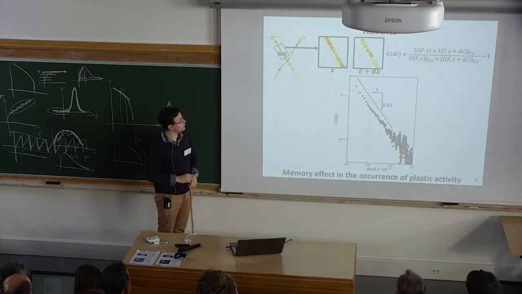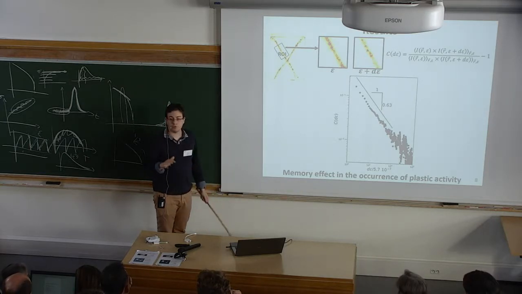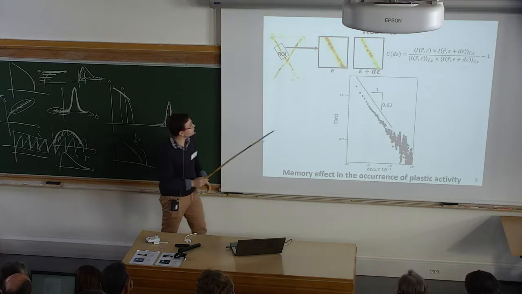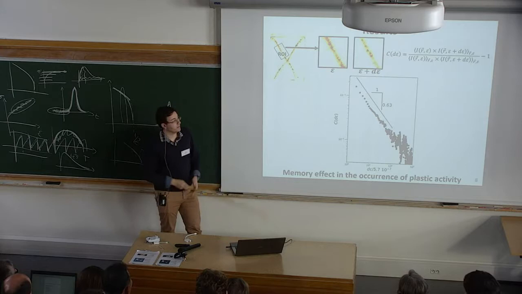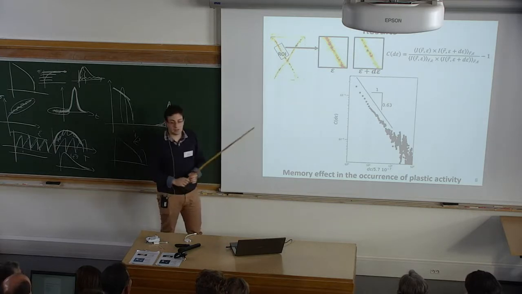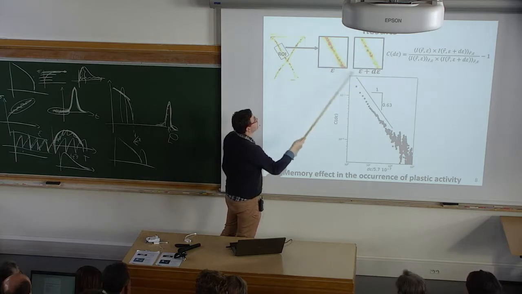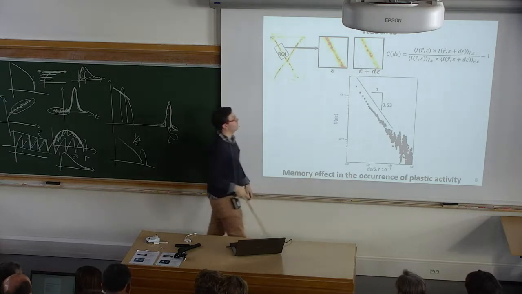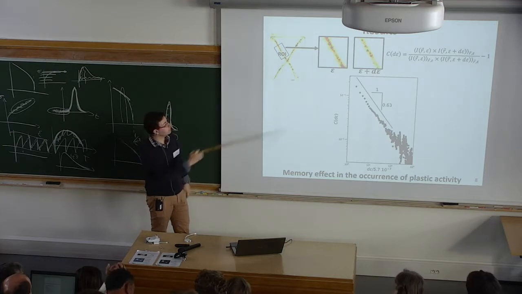Finally, we can try to calculate a kind of temporal correlation function. Here I take one map of deformation at instant epsilon, and I calculate the correlation with the same kind of maps, but at another deformation, epsilon plus d epsilon, and I change the value d epsilon.